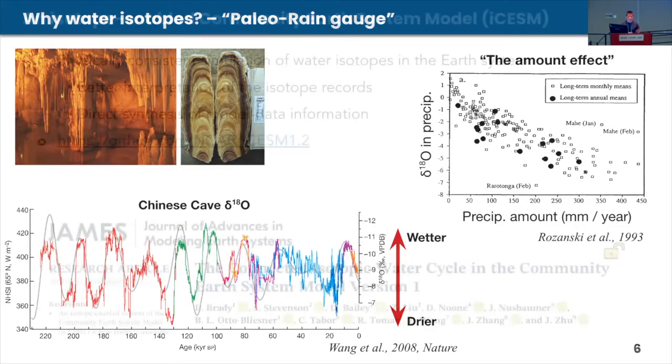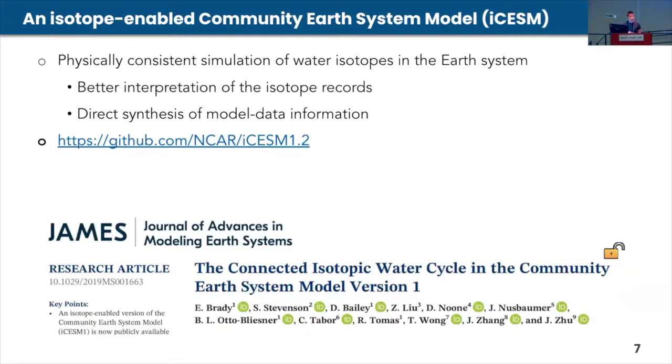That motivated us to develop this isotope-enabled CESM, to provide a physically consistent simulation of water isotopes in the CESM framework, which enables us to better interpret the isotope records and provide direct synthesis of model-data information for a better physical understanding.